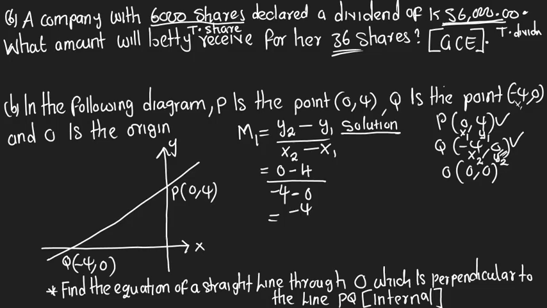So this is going to be -4 over -4, and our M1, this will cancel. We're going to have +1. Now, this is gradient 1. The question is saying which is perpendicular to the line PQ. So you're going to find your gradient 2. How do you find gradient 2?